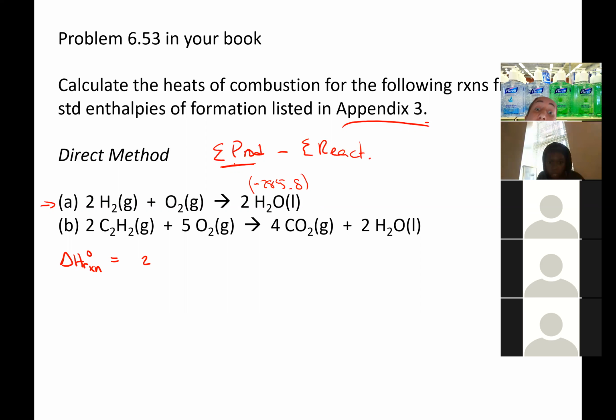Because we're doing products minus reactants. Products minus reactants, right? Because it's a state function. So when you do that, the change in H means H2 minus H1. So H2 is products, right? So you got to do the products first.